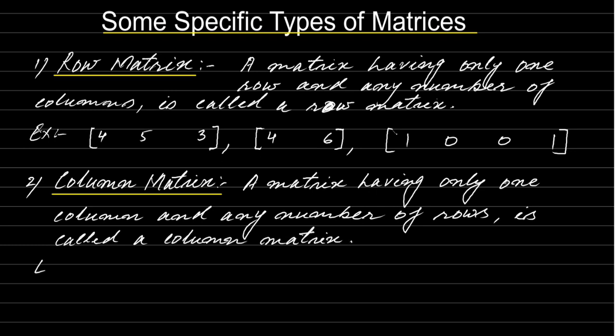For example, the matrix 8, 9 has one column and 2 rows. So we have only one column in this matrix. That's why this is a column matrix.